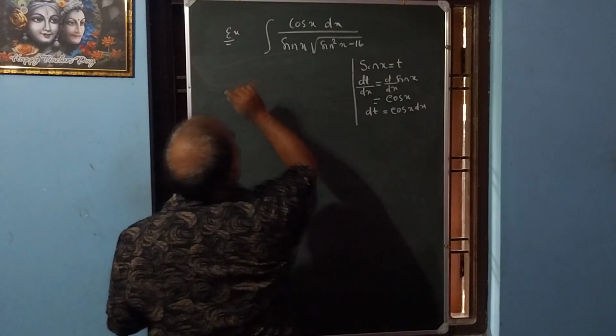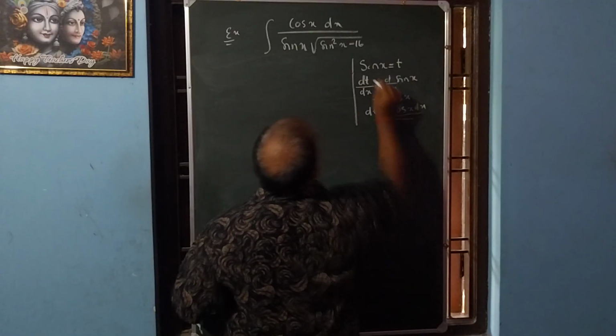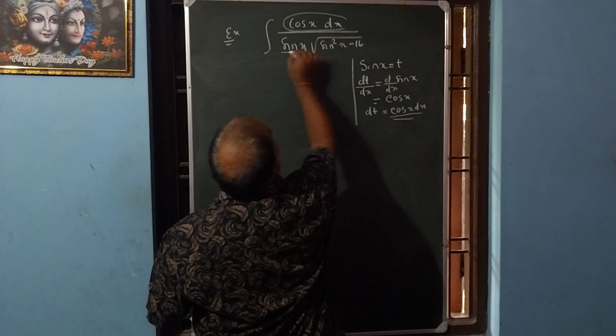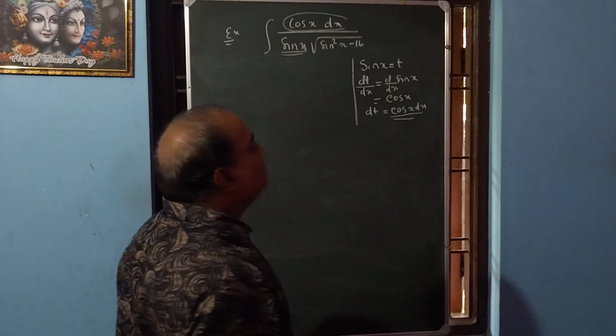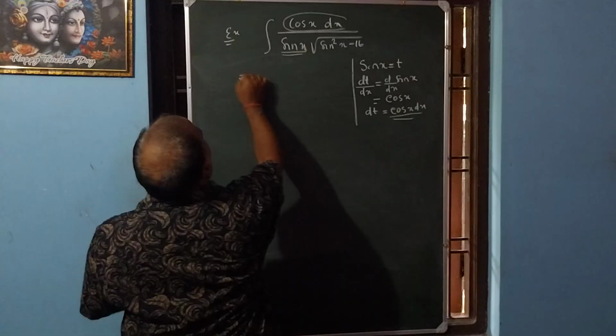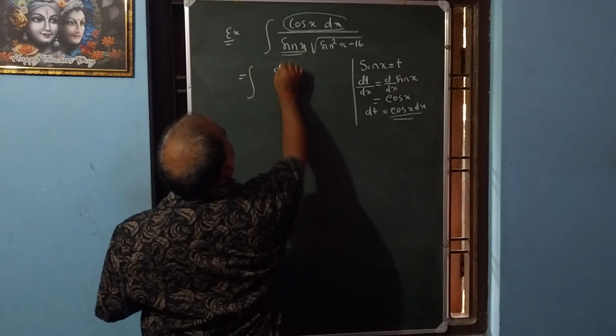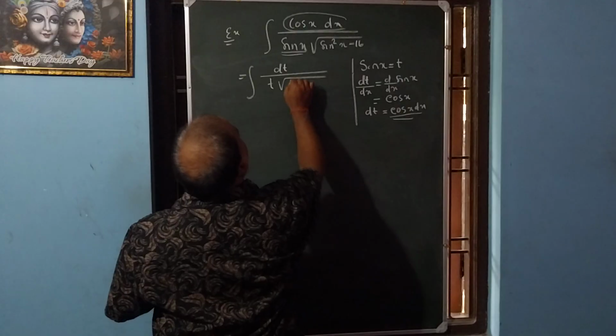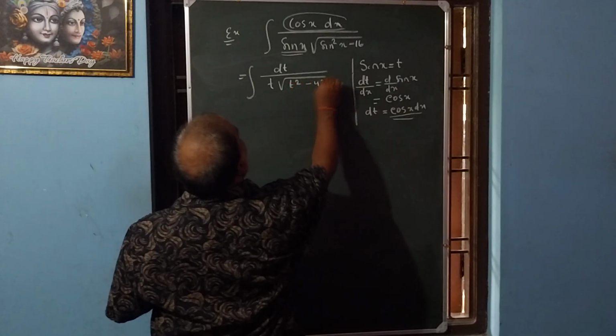So now in place of cos x dx, we have to put dt, and in place of sin x, we have to put t. So the integral becomes dt upon t root over t square minus 4 square.